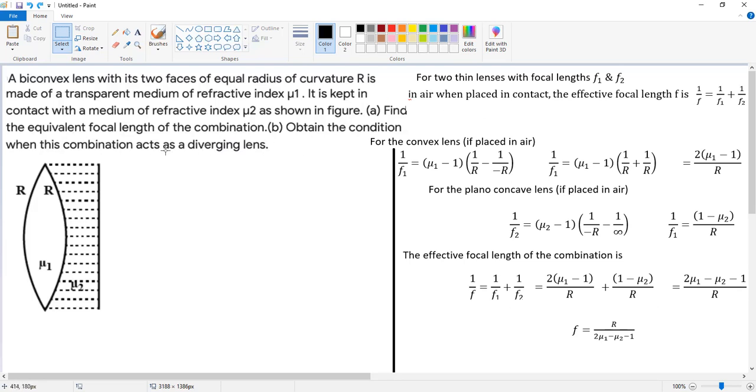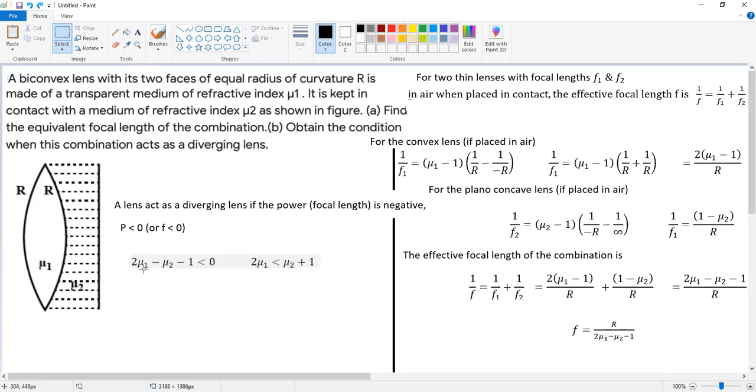Now for a lens to act as a diverging lens, the power of the lens or the focal length of the lens has to be negative. So for this focal length or power to be negative, 2 mu1 minus mu2 minus 1 has to be less than 0, because R we already applied the sign convention.